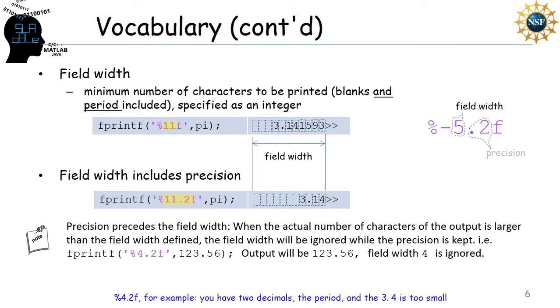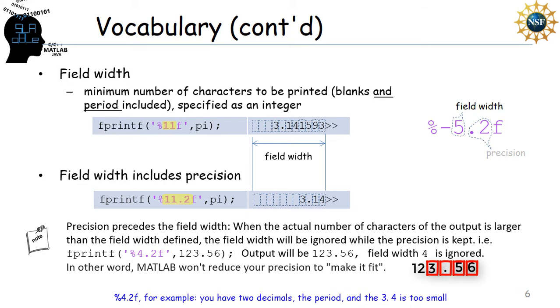So 4.2, for example, you have 2 decimals, 1 for the period, so that's already 3. 4 is too small. In other words, MATLAB will not reduce your precision to make it fit. It'll ignore the 4, but it'll definitely follow your precision first. If it needs room, it'll take the room.